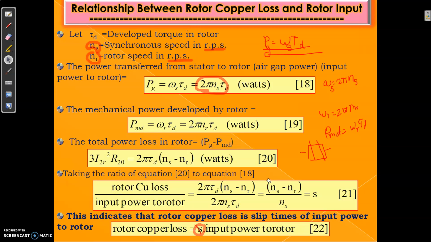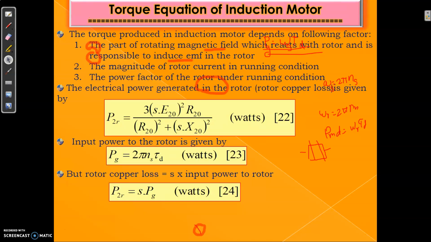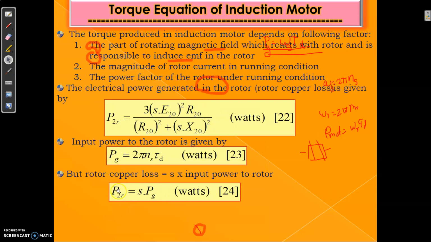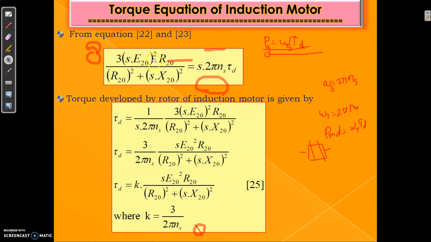Now let us develop the equation for torque. P2R is equal to the mechanical power developed, so P2R is equal to PG. So substituting, how will we get the developed torque? I have to transfer this 2 pi ns term to this side. So S upon 2 pi ns is transferred, and this S and one of the S will be cancelled from the numerator.